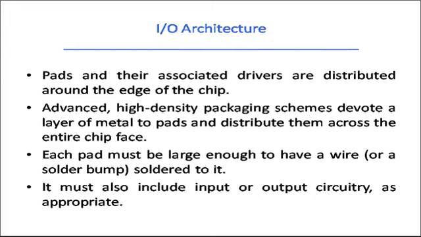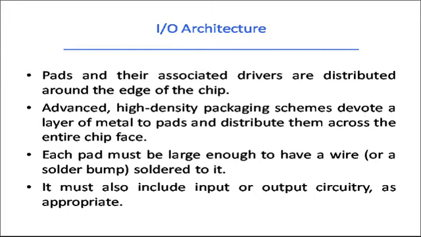Advanced high density packaging schemes devote a layer of metal to pads and distribute them across the entire chip face. You will see that the pads are distributed over the edges of the chip; in a high density chip, this also happens.